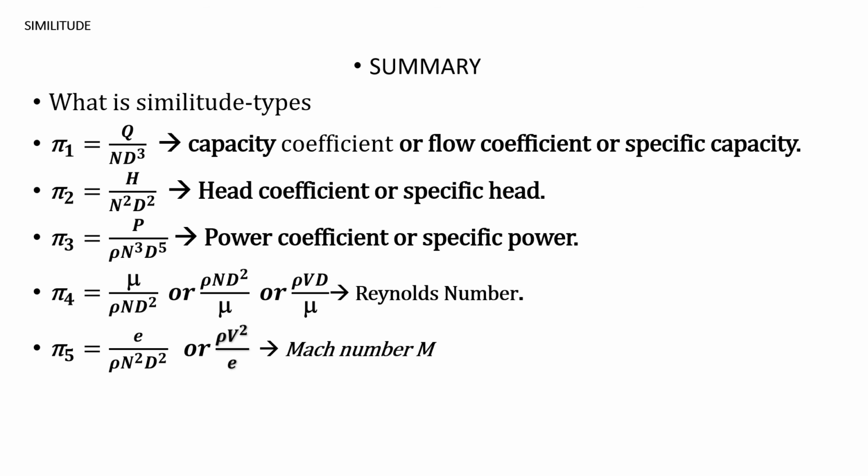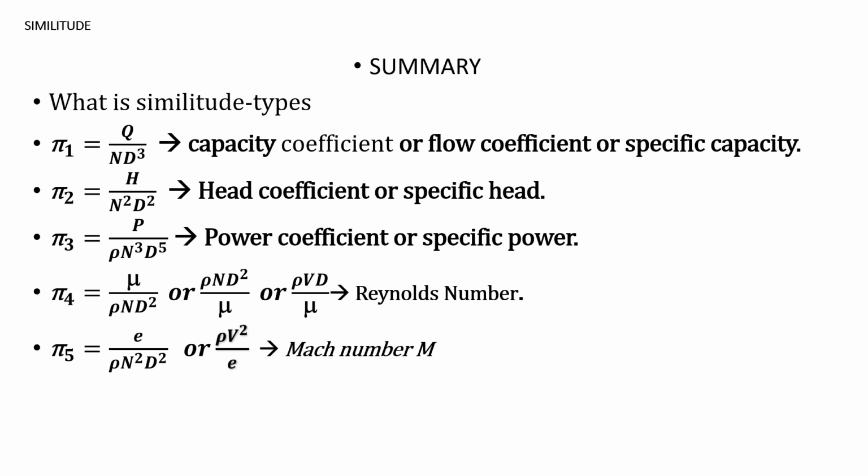In today's class we discussed similitude: what is similitude and the types of similitude. We have three types. One is geometric similitude, the second is kinematic similitude, and the third is dynamic similitude. If you are going for experimentation using a model, then it has to satisfy all three similitudes.